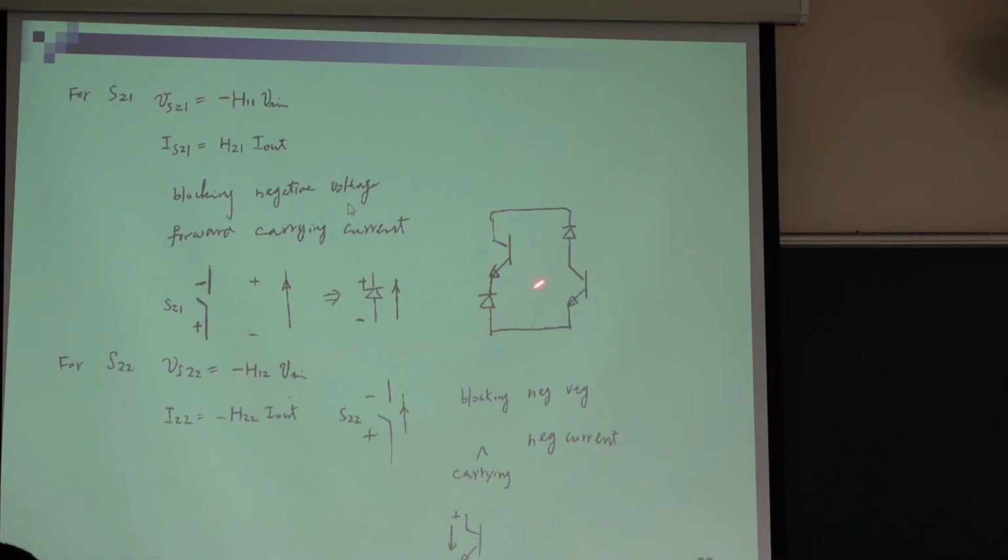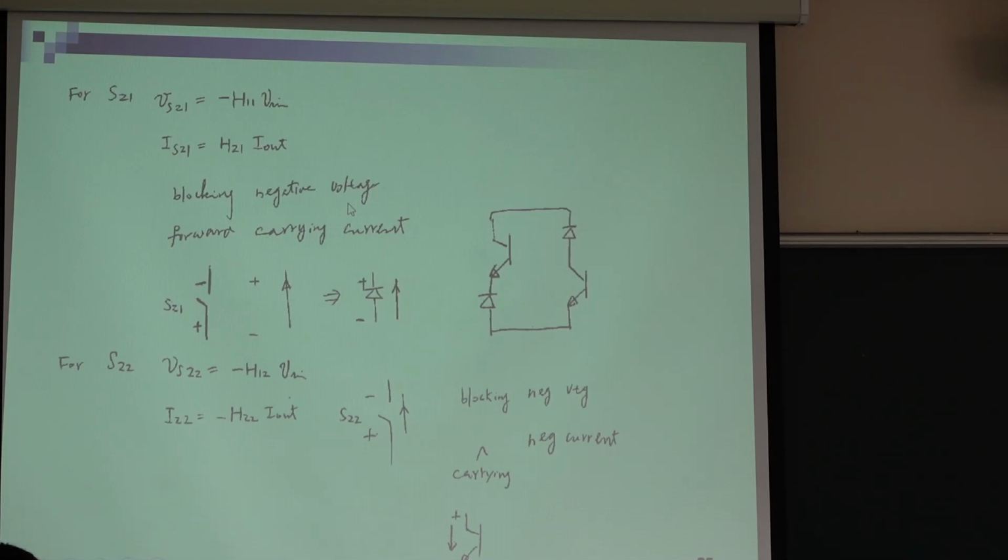In the same way, this is diode, this is transistor, because we have negative voltage blocking, plus, minus, and a negative carrying current, so we have to choose this. So now we have 1, 2, 3, 4, 4 switches, and we choose these 4 switches.